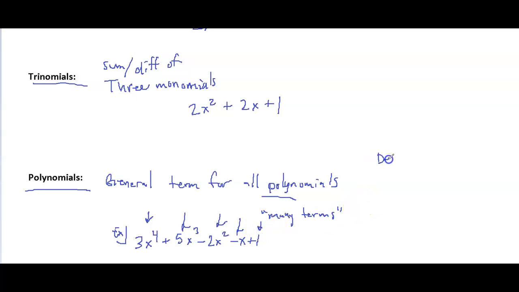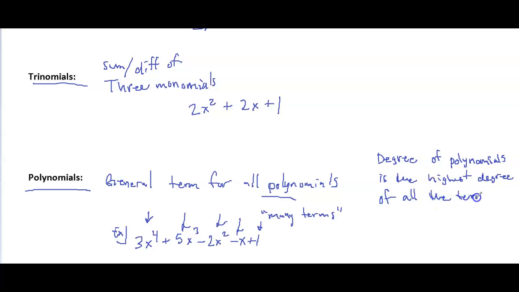So we talked a bit about the degree of the monomial. Now let's discuss a bit about the degree of a polynomial. Well, it turns out the degree of a polynomial is the highest degree of all the terms.